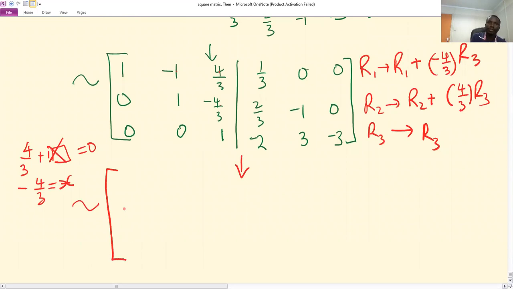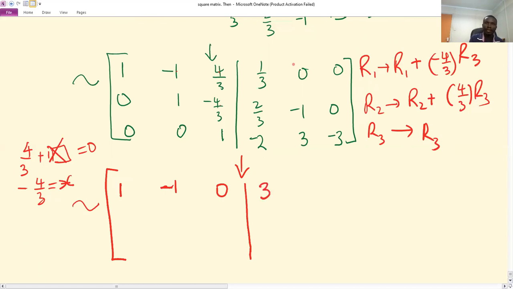So this is 0, so just have 1. This is 0, this just be negative 1. And then this will be 0. Now I have 1 over 3 plus minus 4 over 3 times the value here is minus 2. That will give me positive 3.